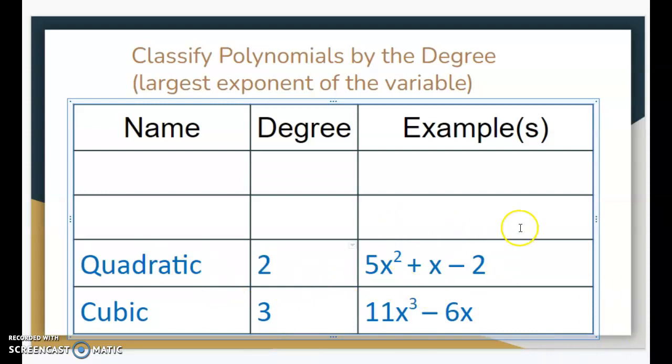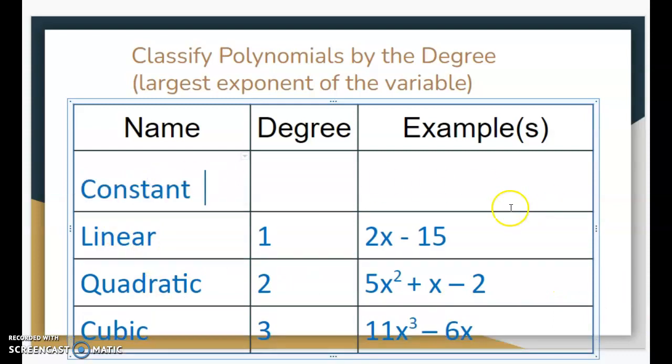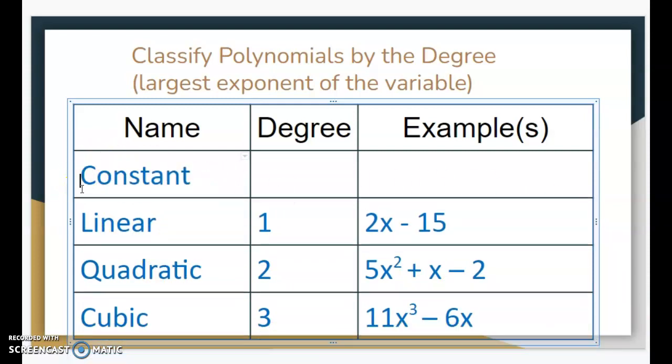If the degree of the exponent is just an x, so that's an x to the first power, we would call that a linear polynomial, because if you were to set it equal to y and graph it, the graph would be a line. And the most basic polynomial by degree is a constant.